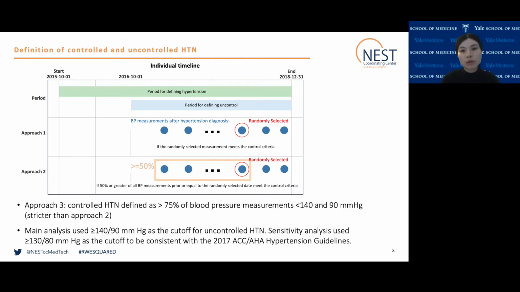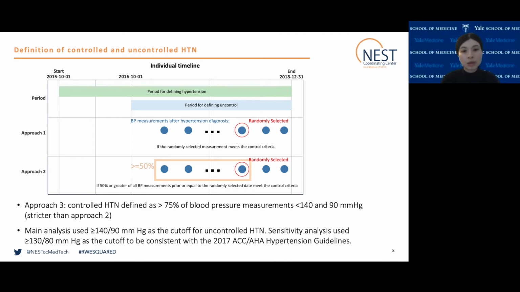The rationale for using a randomly selected blood pressure measurement is that there may be many measurements for a given patient, and if we always selected the earliest, we would bias the sample to younger patients with fewer adverse events, or vice versa if we always selected the most recent encounter. So we use a randomly selected blood pressure to ensure objective and systematic cohort identification.